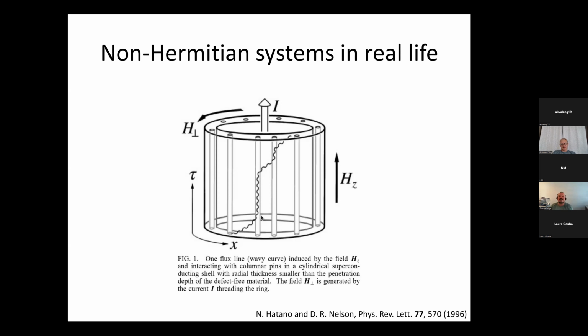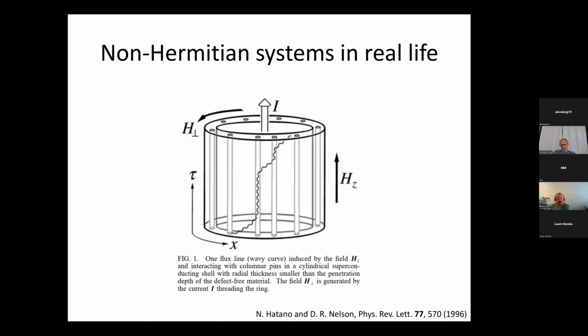That's how you get a non-reciprocal hopping in this model. The magnetic field twists the flux lines, and this maps to an effective one-dimensional model, where the hopping in one direction is larger than the hopping in the other direction. That's one way to get non-Hermitian Hamiltonians.